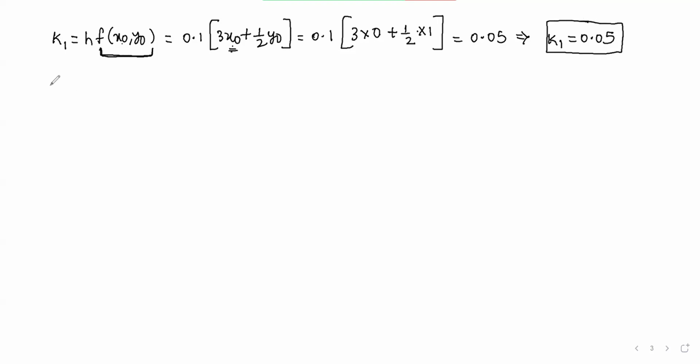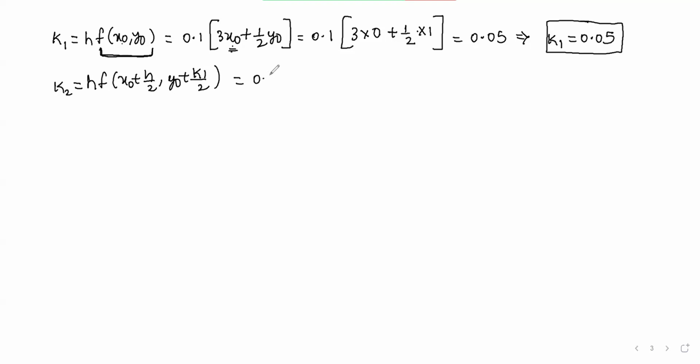Similarly, K2. First, we write the formula. K2 is equal to h into f of x naught plus h by 2 comma y naught plus k1 by 2.